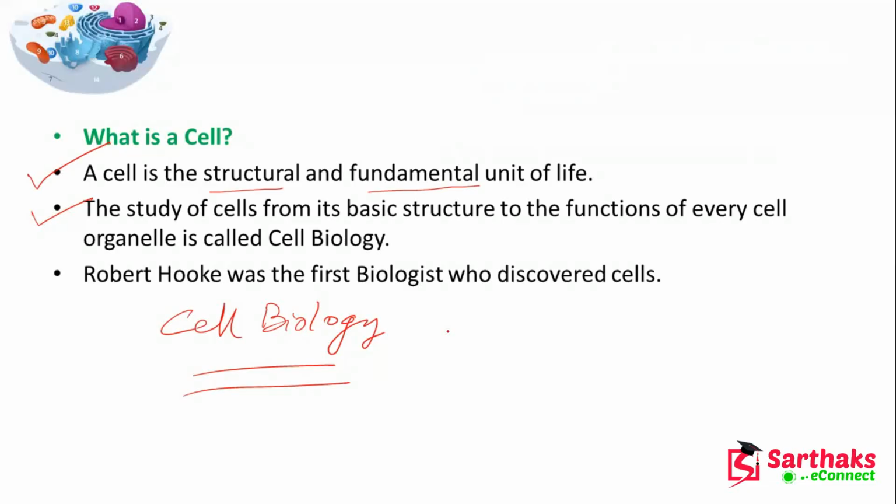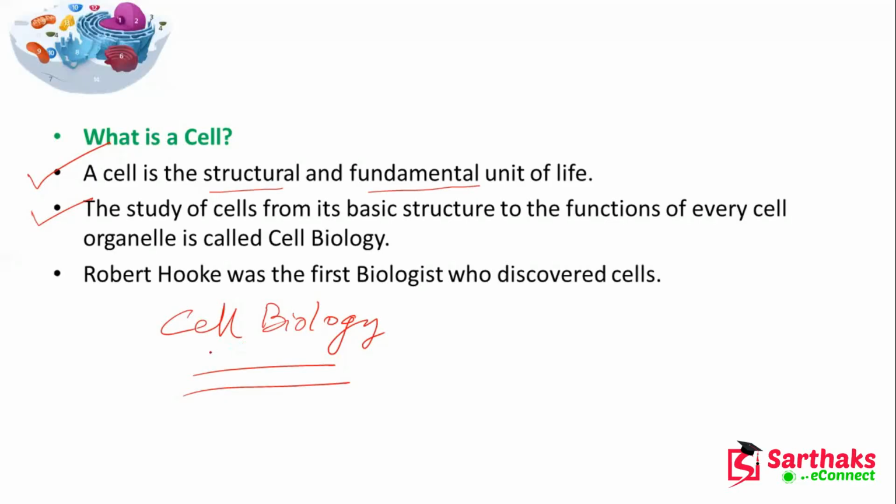But later, with a better microscope, the experiment was done with living organisms. At that time it was seen that it is not empty; there are some small pores, or cells, some structures there. So that is the cell.